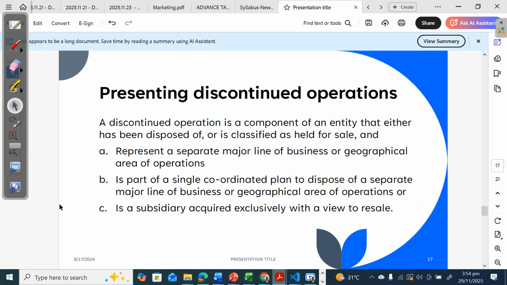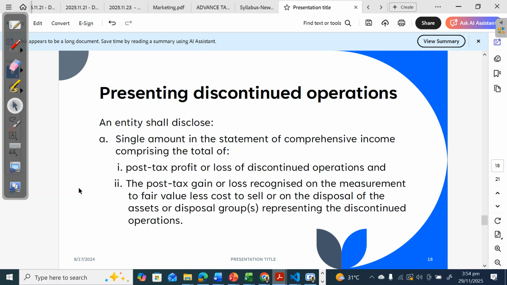So the key issue is, how do we report a discontinued operation in our books? The standard has given us guidelines on how we should treat it. What we do is prepare the discontinued operation's profit or loss from the beginning of the period to the time they stopped operating, maybe January to July.